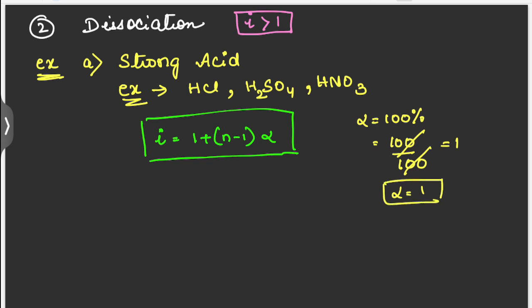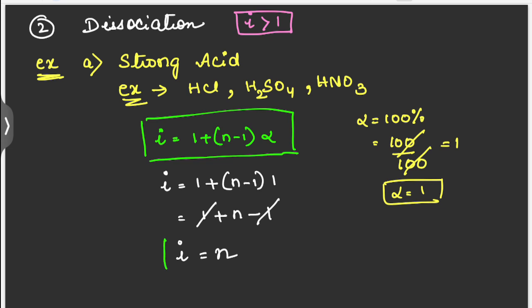So substitute that in the equation. See what you will get. You will be getting i is equal to 1 plus (n minus 1) into 1. So this is equal to 1 plus n minus 1. The plus 1 and minus 1 will get cancelled. You will be getting i is equal to n. So here we are getting i value equal to n.